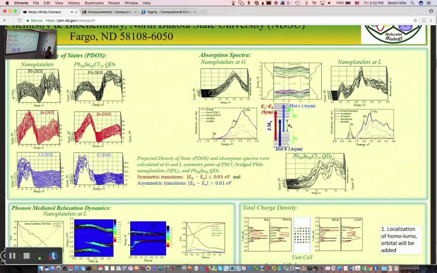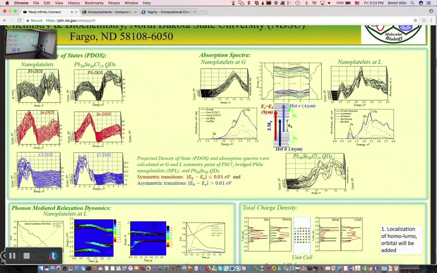In one condition, we choose only selective transitions that create the hot hole. Hot hole means, if you look at this figure, when an electron is excited from the deep valence band to close to the LUMO band, it creates an excited hole energy higher than the electron energy, so we denote that as a hot hole transition.